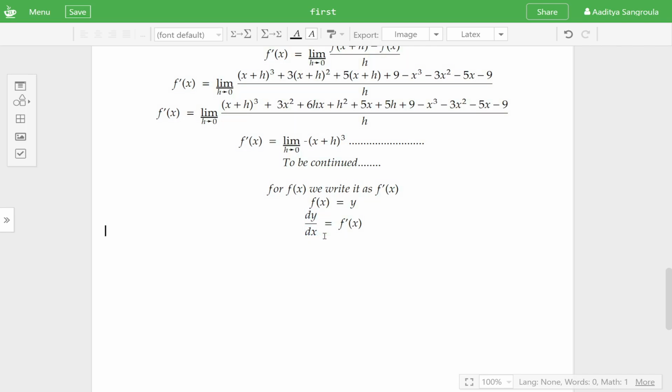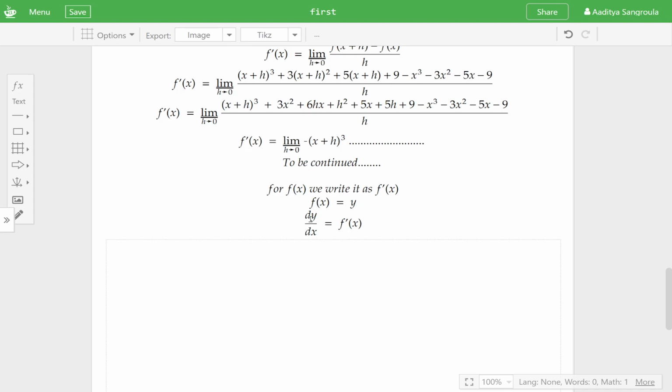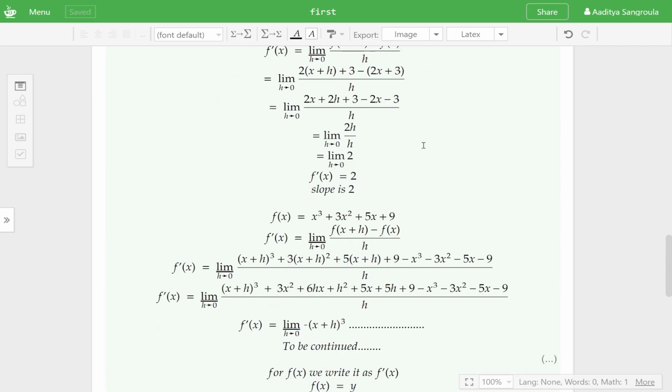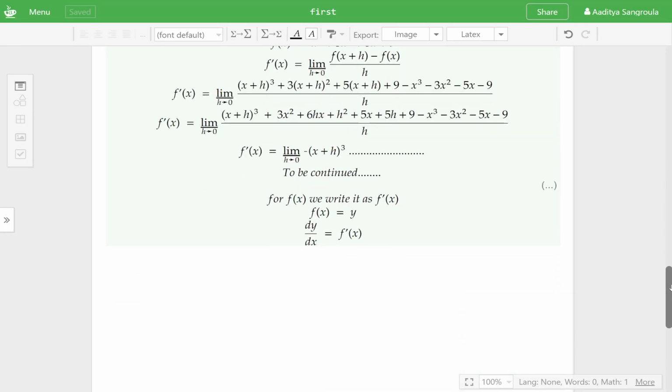What does it mean? All it means is we are differentiating the function y, which is f of x, with respect to x, which is the variable, like in all the cases we have. So the function y is going to have x as the variable.